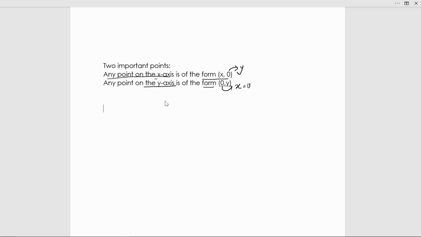So with this, we'll just try to show you in a Cartesian coordinate how these points will have this form of x and 0 and 0 and y.